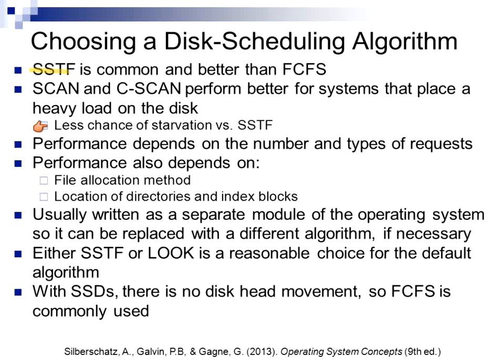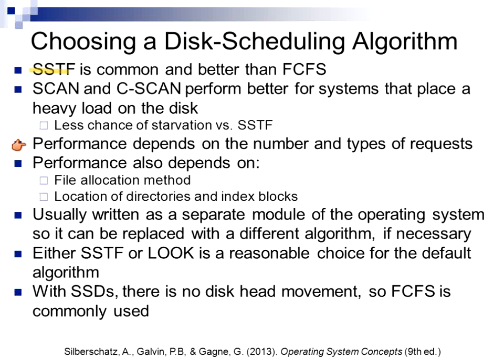You might never get to those cylinders that are out near the edges of the disk, because you keep going back and forth every time there's a new cylinder. If it's near the middle tracks of the disk, you may never get to those. So that's one of the reasons why scan or C-scan might be used rather than shortest seek time first, because you don't want to have starvation. You want to make sure that you get to those outer cylinders at least once in a while.